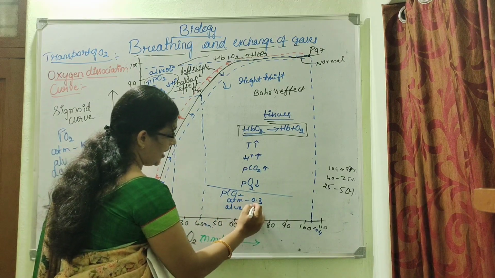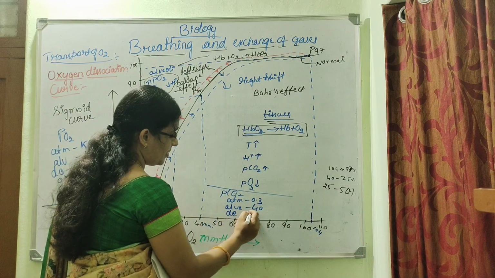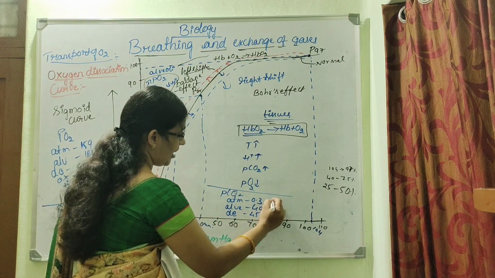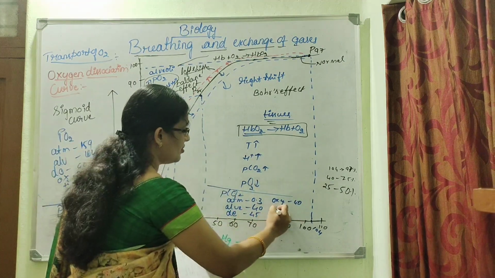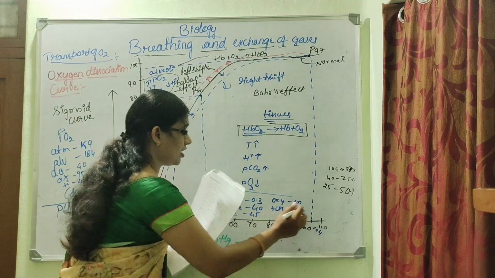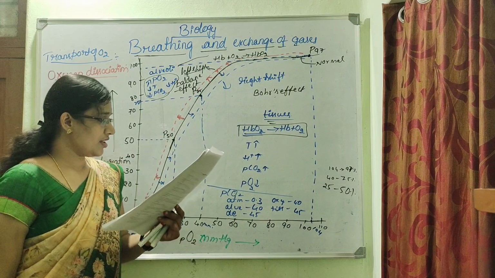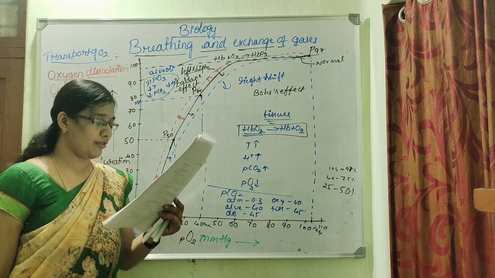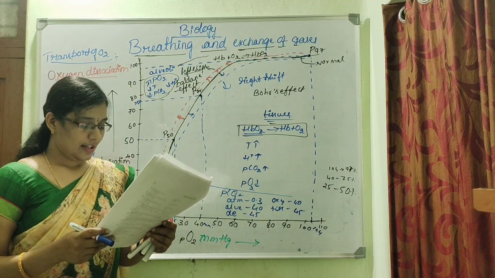In alveoli it is 40 mmHg. In deoxygenated blood it is 45. In oxygenated blood it is 40. In tissues it is 45. So the right option is 0.3, 40, 45, 40, 45. Option C.